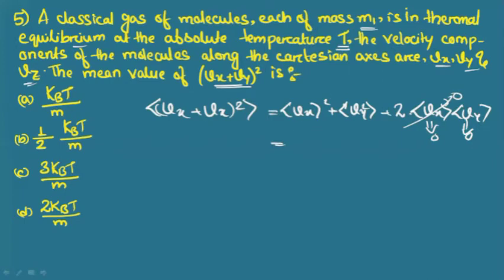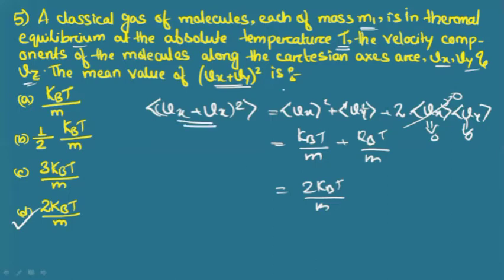We know the value of Vx square is Kb T by m. Plus Kb T by m. So it will be 2 Kb T by m. This is the answer. So the correct option is option D. So directly you can do. Just write the average, and then what you have to do? Average or mean value both mean the same thing, and just write the formula.